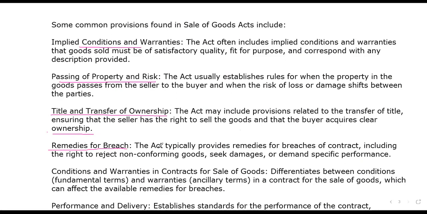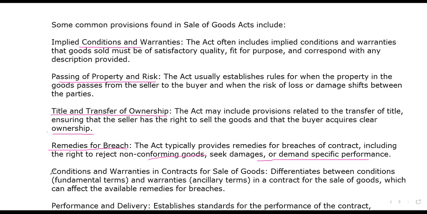The Sale of Goods Act also gives remedies of breach. It provides what must be done to the party that breaches a contract, including the right to reject non-conforming goods. So eBay has a number of goods that they sell that are called eBay returns. Sometimes when both parties are not liable and the transporting company is the one that is liable, eBay will sell them to would-be clients at a giveaway price.